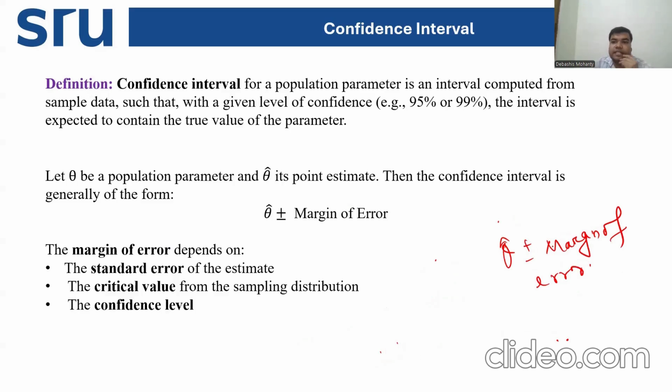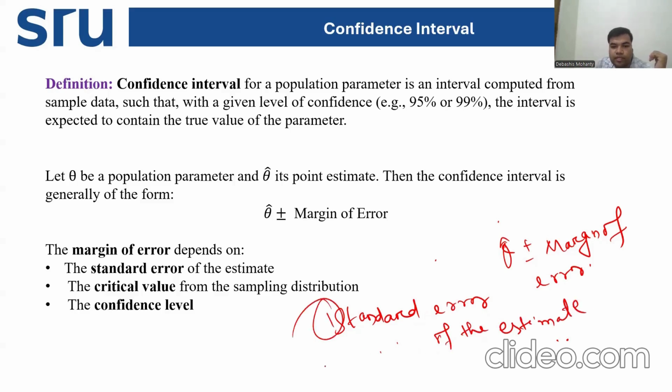Then let us discuss the margin of error. What is the meaning of margin of error? The margin of error depends on some basic parameters. First is the standard error of the estimate, so we have to use the standard error of the estimate.